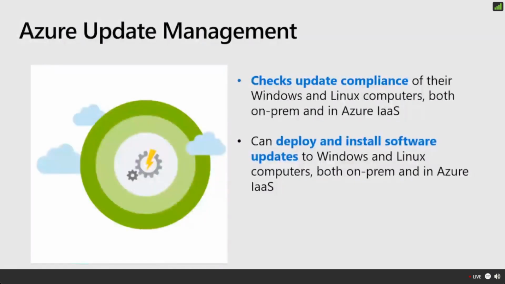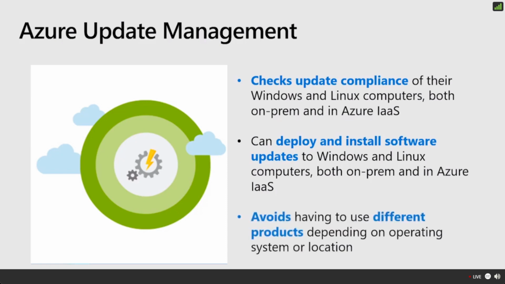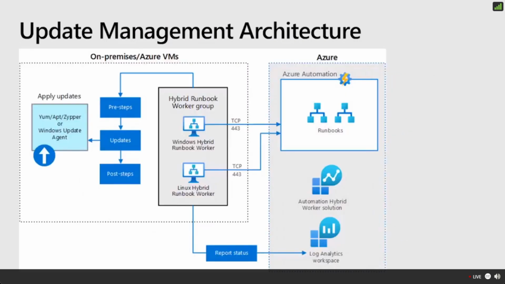It then can go out and even deploy and install software updates, again, running on Windows or on Linux, basically on any infrastructure. And that really helps to avoid that Tailwind Traders need to have different products depending on the operating system or the location that server is running. So that is where Azure Update Management comes in.